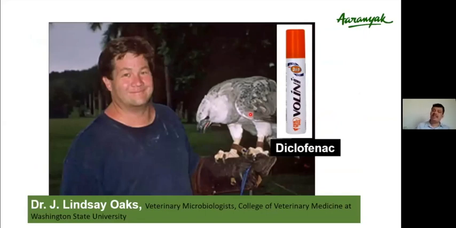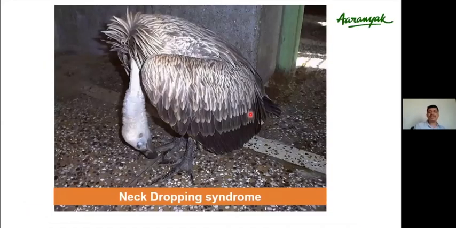He fed diclofenac-laced carcasses to the vultures, and found that the vultures showed a particular syndrome called neck dropping syndrome. You can see it here in the photograph. When you see such a syndrome, that means the vulture is affected by visceral diclofenac. Diclofenac actually affected the vulture's liver and kidney, and that way the vulture dies.